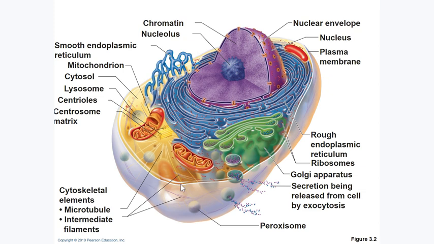Our mitochondria, microtubules, so we can see microtubules here, intermediate filaments a little bit bigger down here, centrioles right there that help with dividing cells, some lysosomes, which are these little red things, cytosol, which is the jelly-like fluid, and the centrosome matrix, which is our microtubule cytoskeleton elements here.